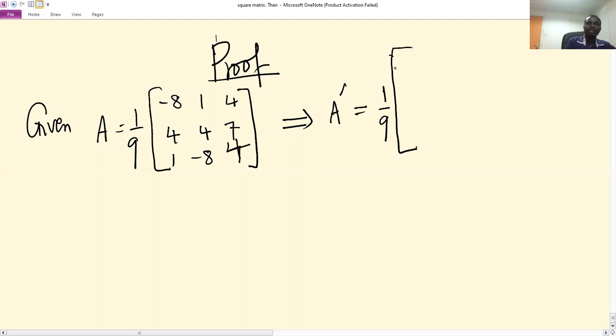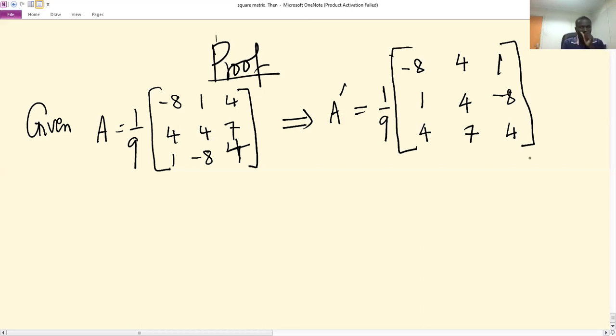The first row becomes the first column, so we have -8, 1, 4 as the first column, then 4, 4, 7 as the second column, since the second row becomes the second column, and then 1, -8, 4, the third row becomes the third column. So that's the first step.